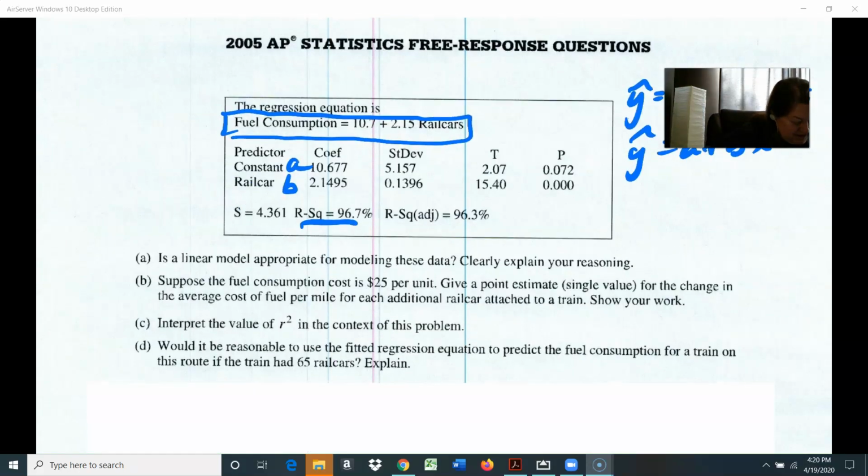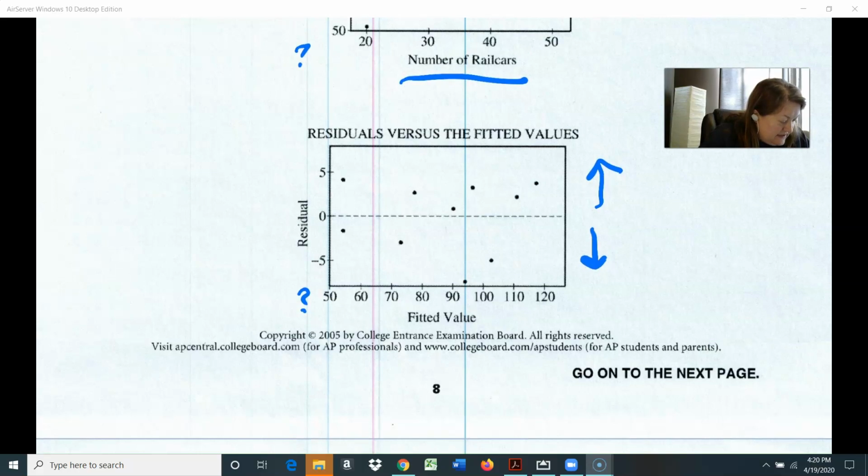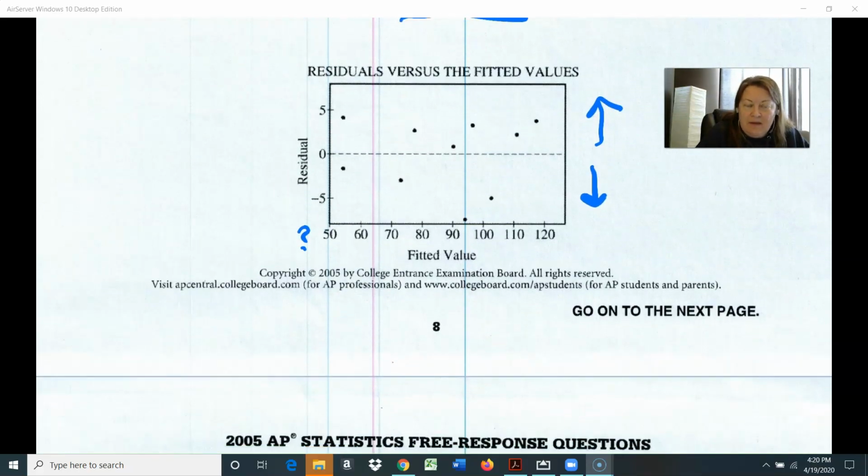They didn't tell us they adjusted it anywhere else. So I wonder if that was a typo or if they meant to do that. Was there anything else in the residual plot? It says fitted values, but it doesn't really tell us what they did to fit them. So I'm going to guess that maybe they mislabeled the x-axis here. Do we have the same number of dots? 1, 2, 3, 4, 5, 6, 7, 8, 9, 10.